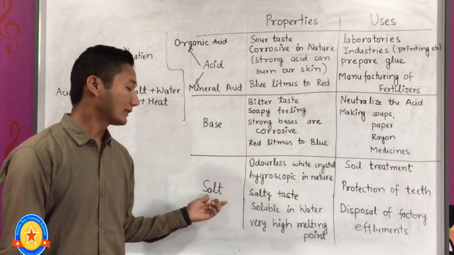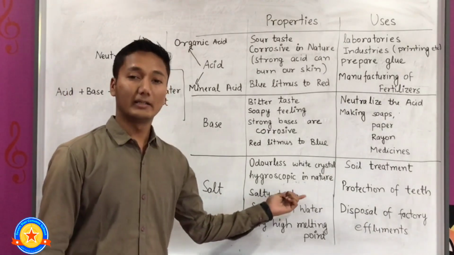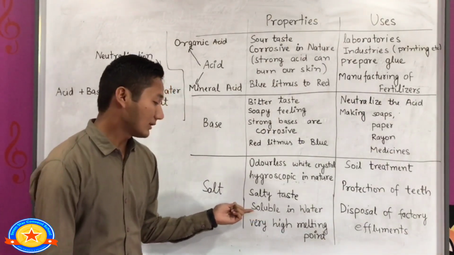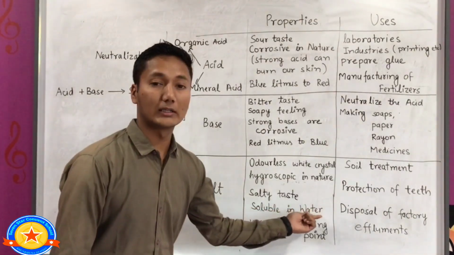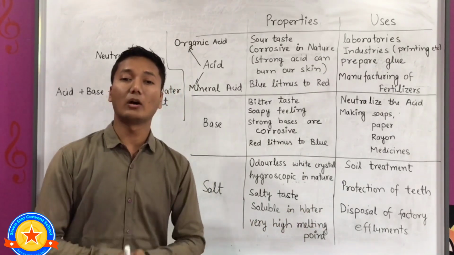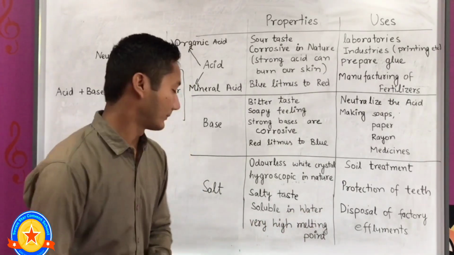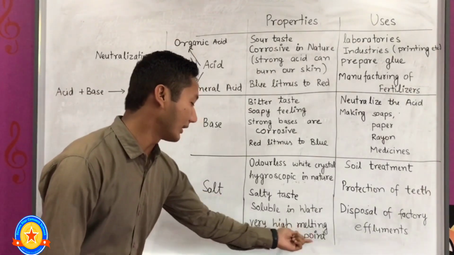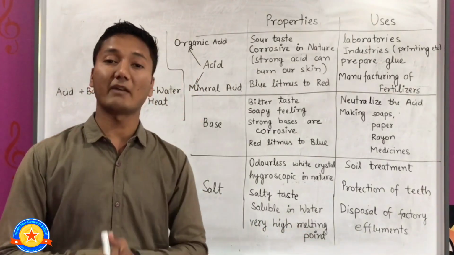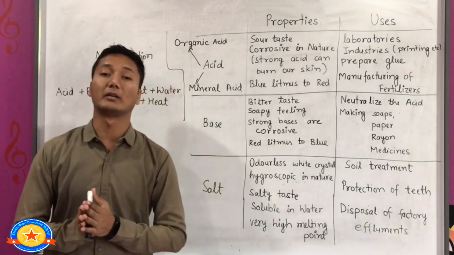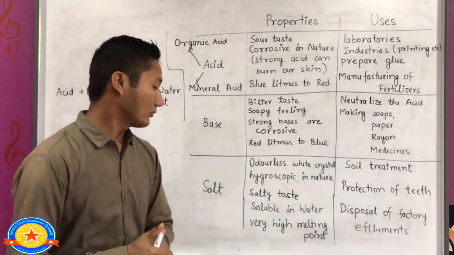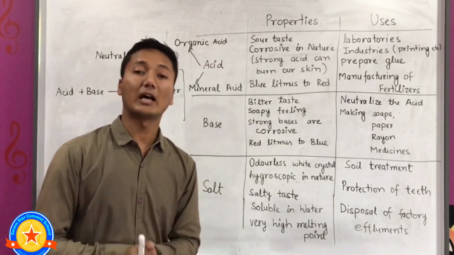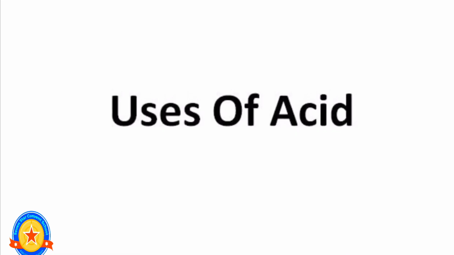As we know, salt has a salty taste. And the next one is salt is soluble in water. Salt can easily dissolve in water. The next one is salt has a very high melting point. When we try to melt the salt, we can see it has a very high melting point.